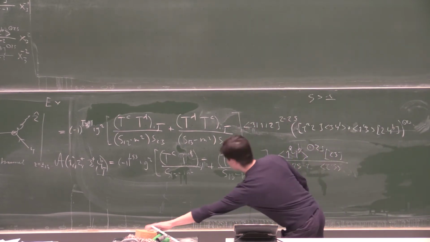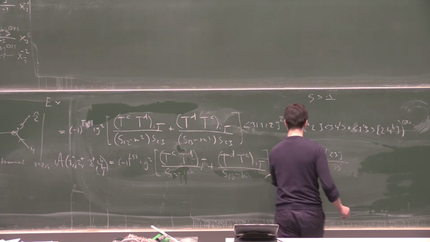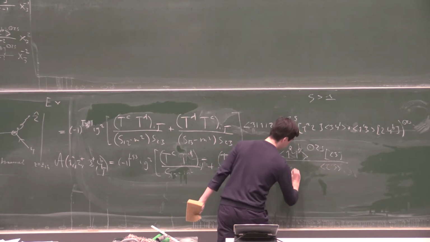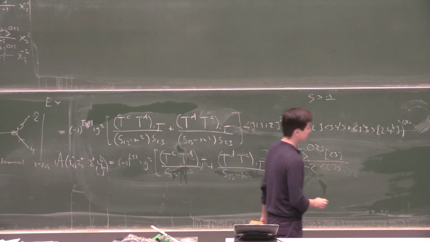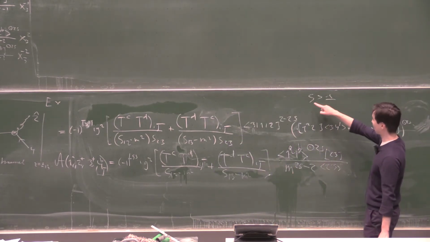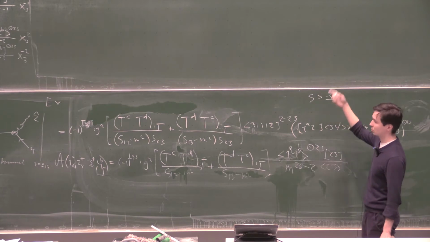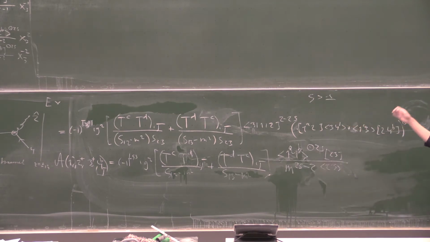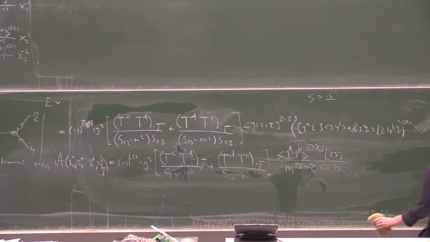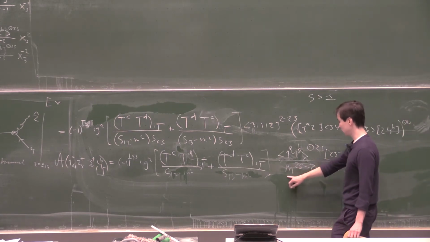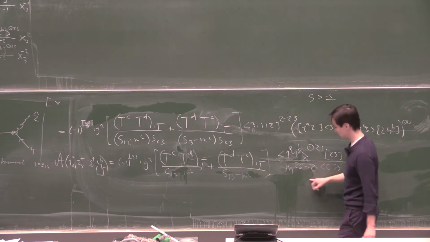I think it's hard to see, and also I wrote it ugly. 2s minus 2. So here, what happens at highest spins, so spins with matter spins higher than the actual gauge boson, is that the massless limit becomes bad.